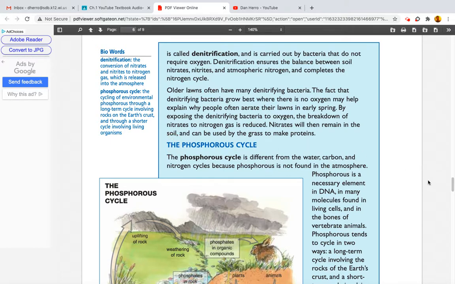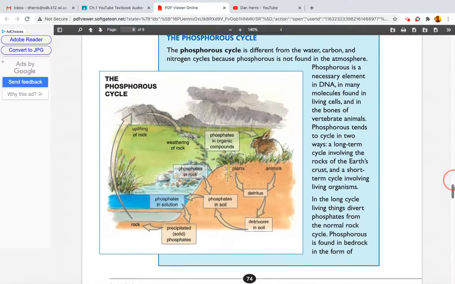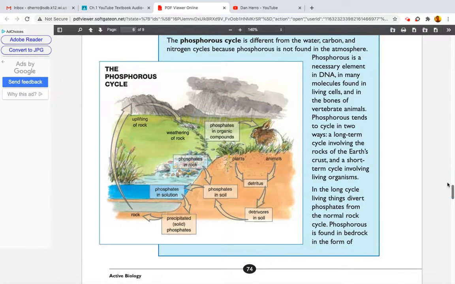The phosphorus cycle. The phosphorus cycle is different from the water, carbon, and nitrogen cycles because phosphorus is not found in the atmosphere.